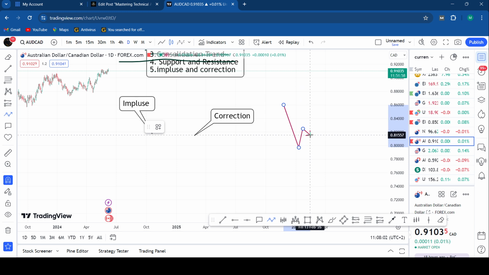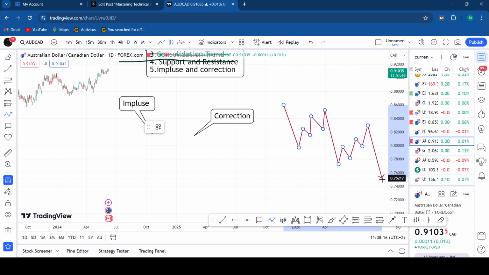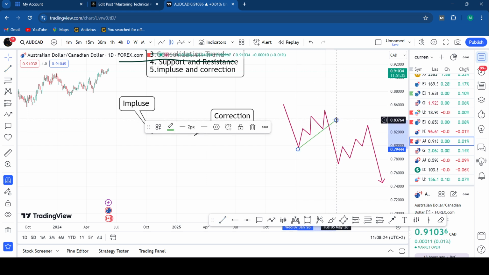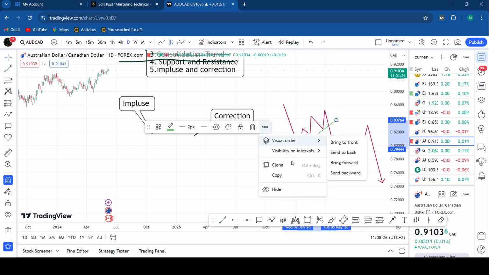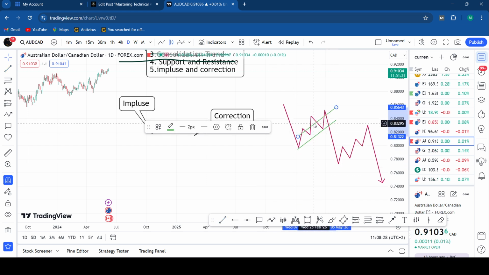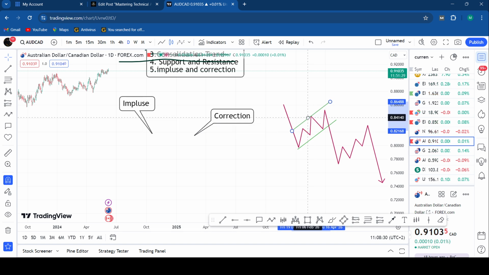When the market corrects, it will create a semi-trend going up before going down again. It will create another trend going in the opposite direction, then it will continue going down. So this is impulse and correction, guys. This is simply impulse and correction.